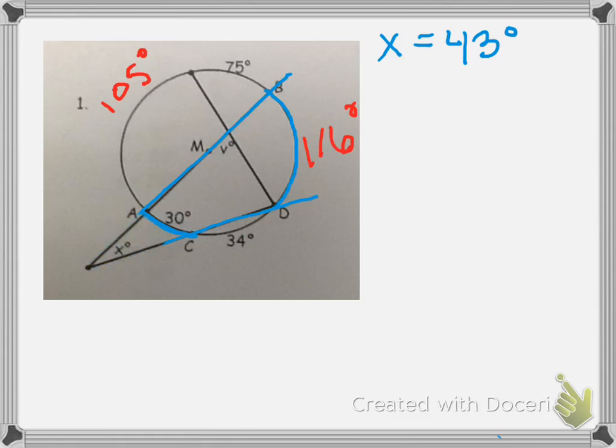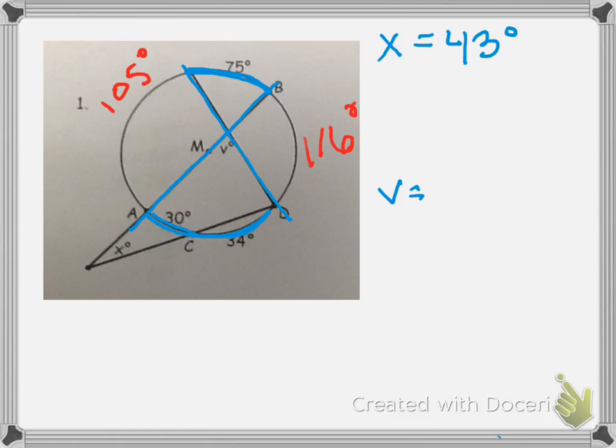Now let's focus on v. So v is this angle right here. That's an inside angle. So that means these two chords are intersecting inside the circle right here. So it's equal to the sum of this intercepted arc and this intercepted arc divided by 2.